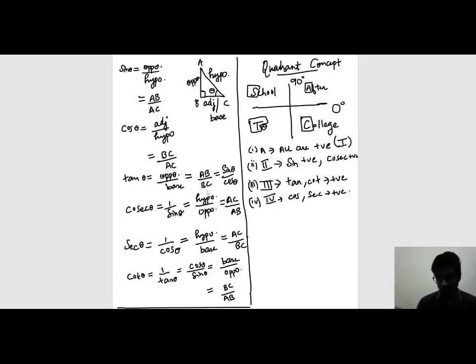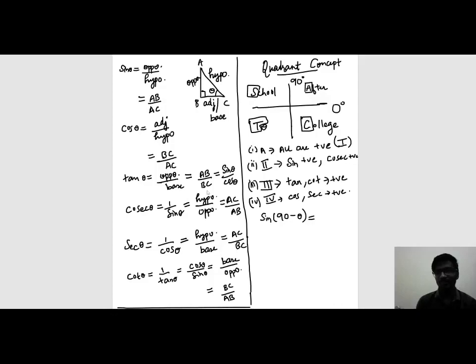For example, if I take sine of 90 minus theta, 90 is an odd multiple of 90, right? 90 into 1 is 90 and 1 is an odd number, so it is an odd multiple of 90. In this case, you have to take the complementary of sine.